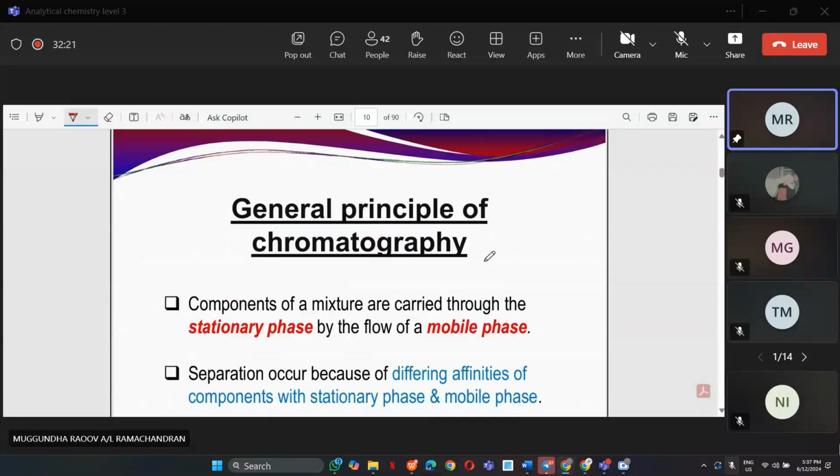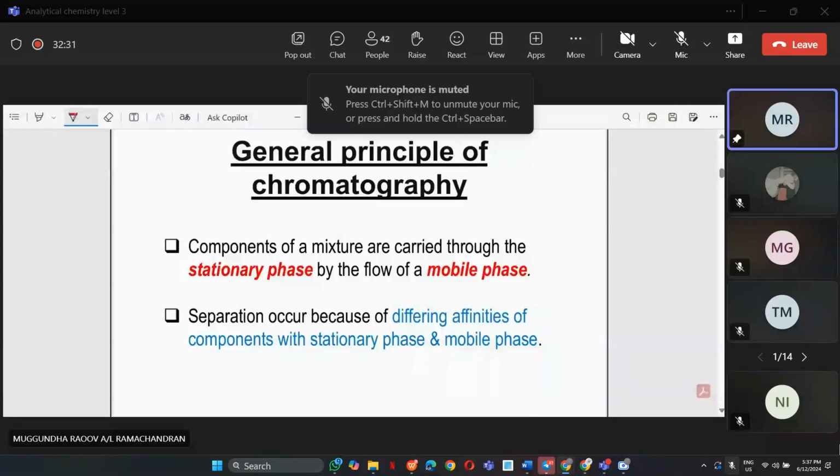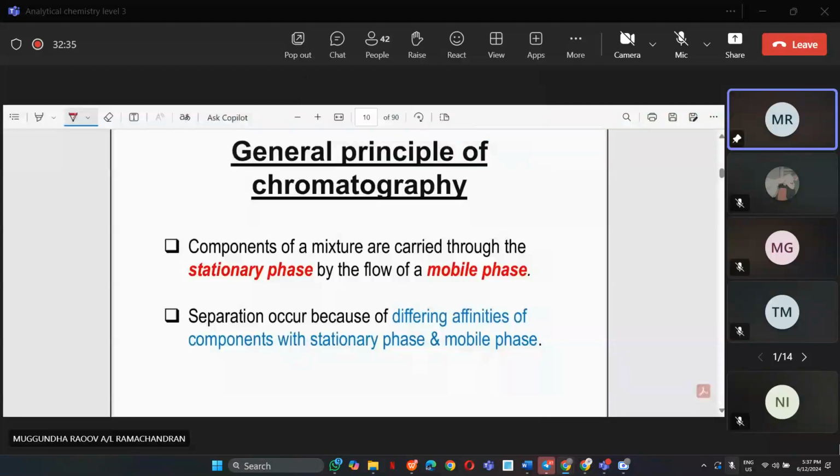The general principle of chromatography is that components of the mixture are carried through the stationary phase with the help of the mobile phase. The mobile phase acts as a carrier.